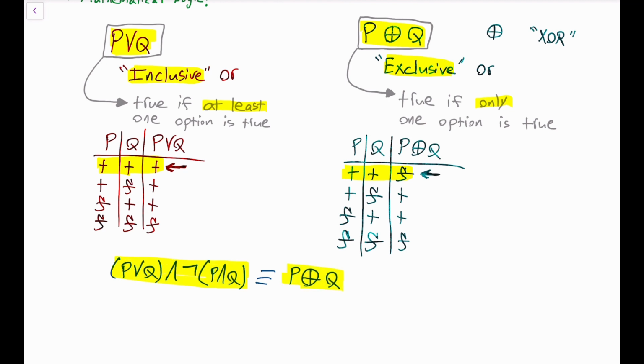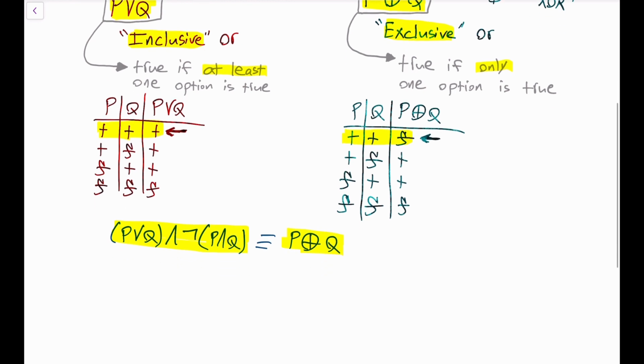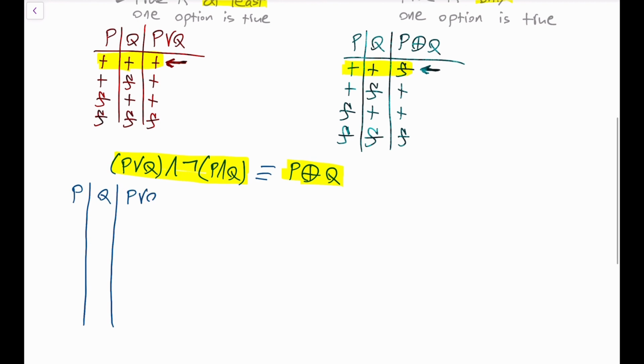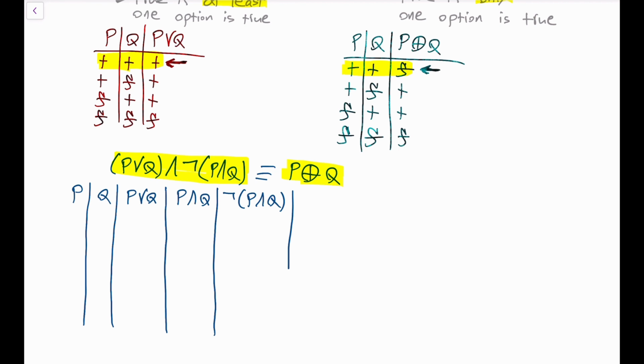And we can also show this with the truth table. We have the atomic sentence P, the atomic sentence Q. We have the disjunction P or Q. We have the conjunction P and Q. We have the larger molecular sentence, not, parentheses, P and Q, close parentheses, and the even larger molecular sentence, parentheses, P or Q, close parentheses, and not, parentheses, P and Q, close parentheses.